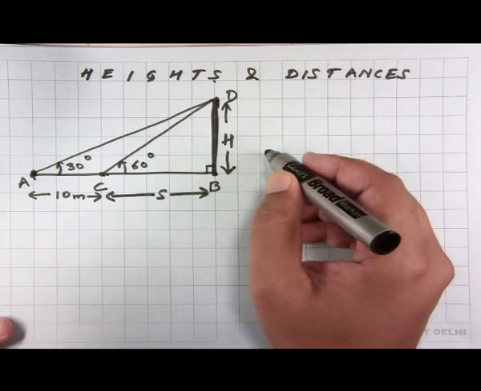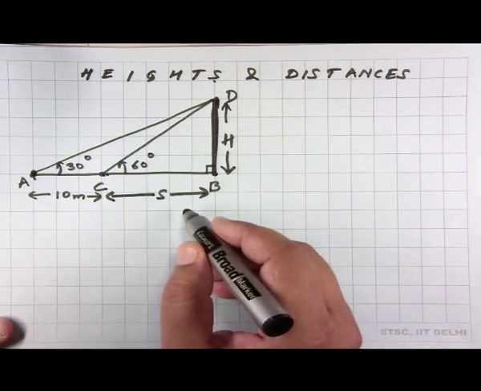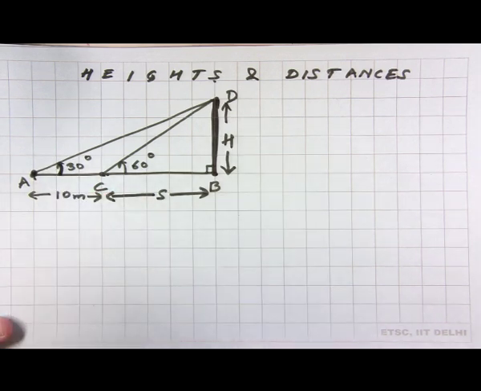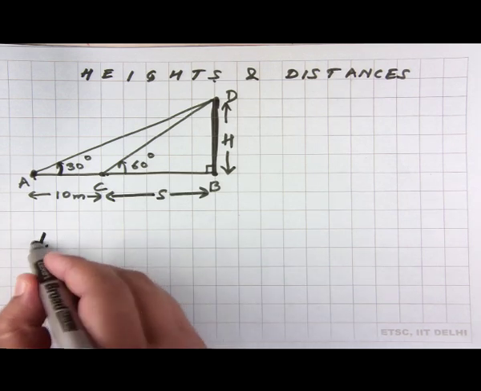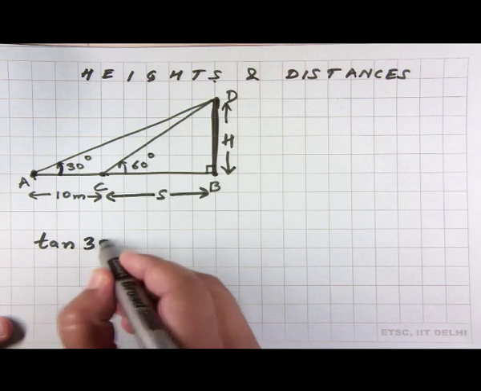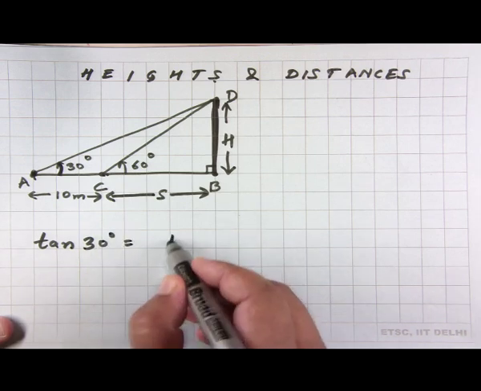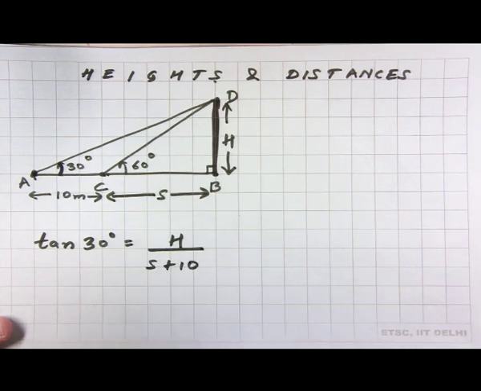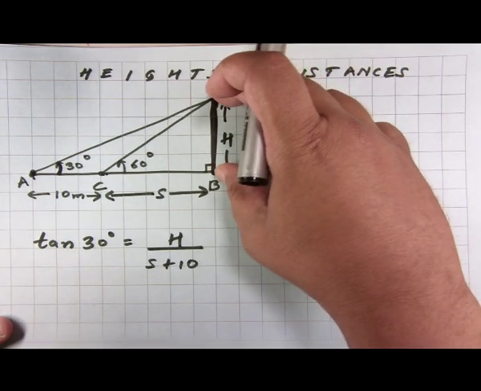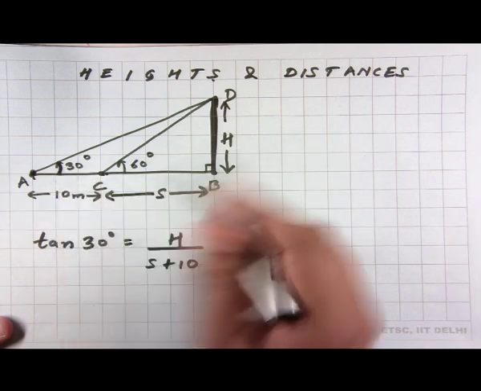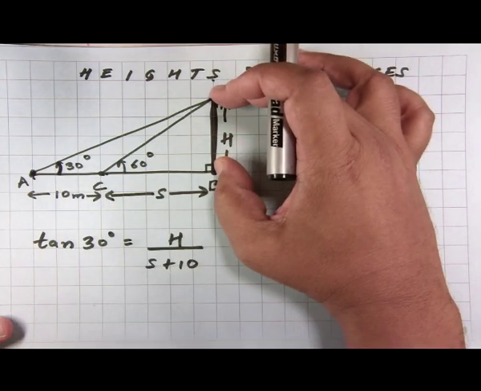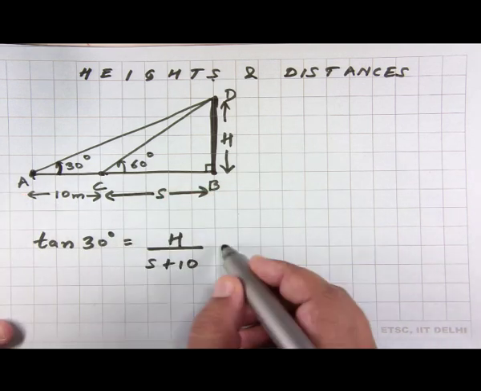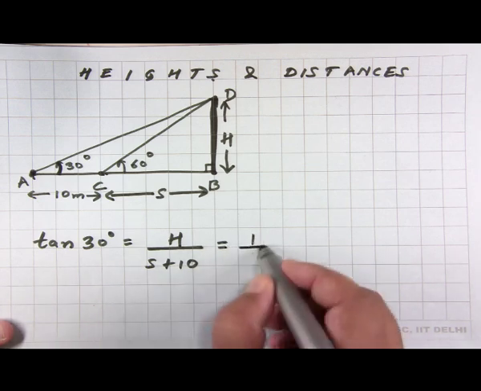and then you use the tangent formula. So, if you use the tangent formula for this angle which is 30 degrees, what you get is tan of 30 degree is equal to h upon s plus 10, because h is for this 30 degree angle, h is the opposite side and s plus 10 here is the adjacent, and of course, you know that tan 30 is equal to 1 upon root 3.